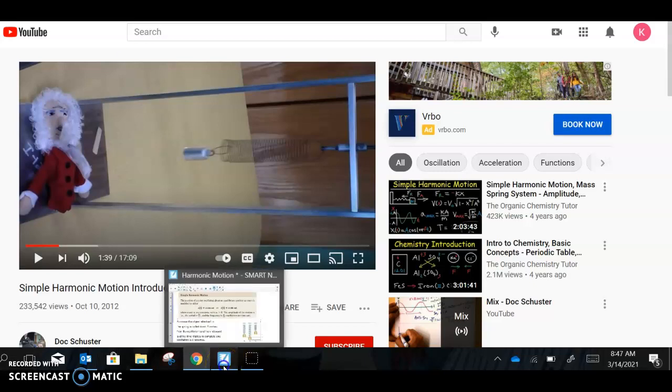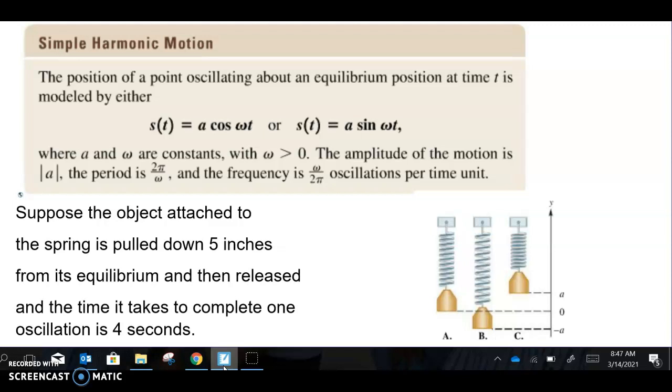Okay, so now I'm going to use our own paper here. I just wanted you to see it in a little video, instead of just looking at this picture. What we're going to do is model some different things using the idea of simple harmonic motion. Suppose an object attached to a spring is pulled down 5 inches from its equilibrium and then released, and the time it takes to complete one oscillation is 4 seconds.